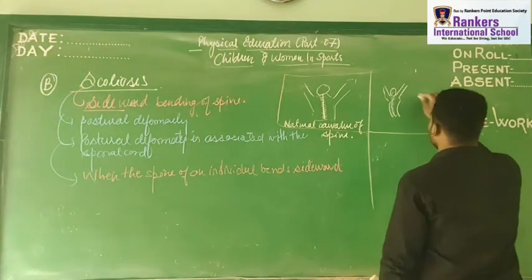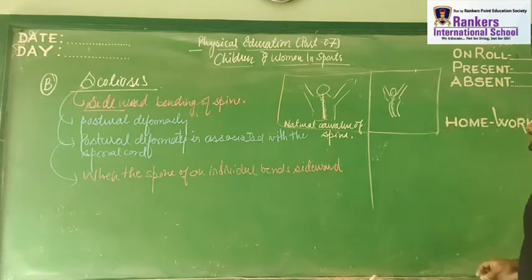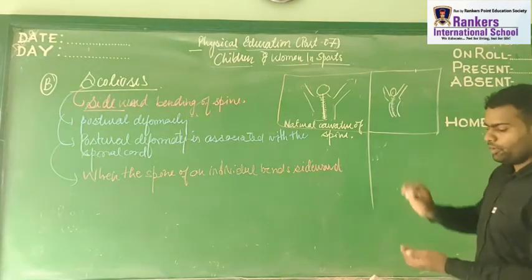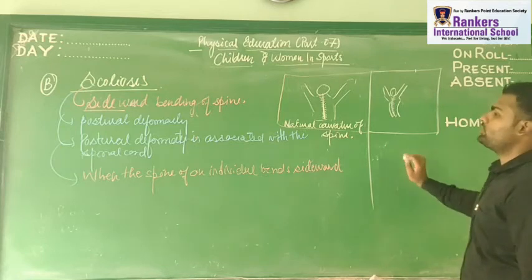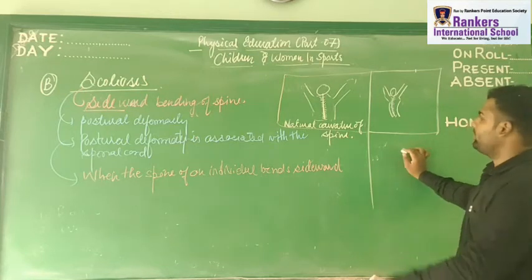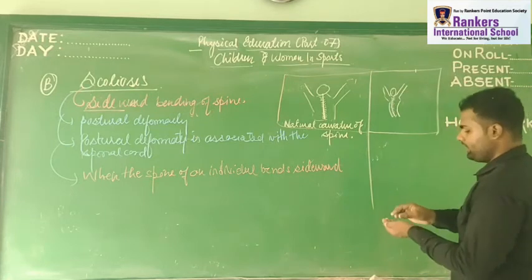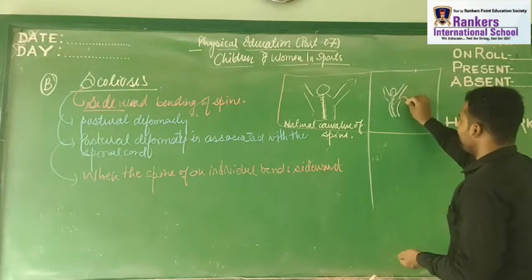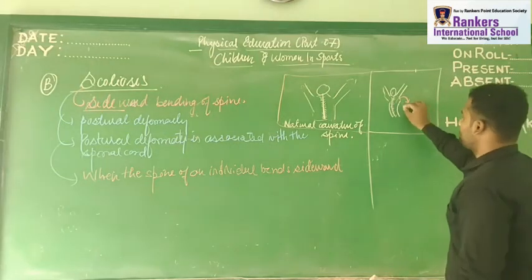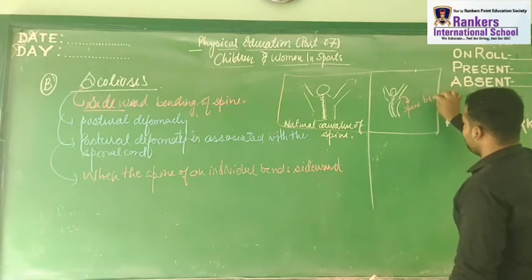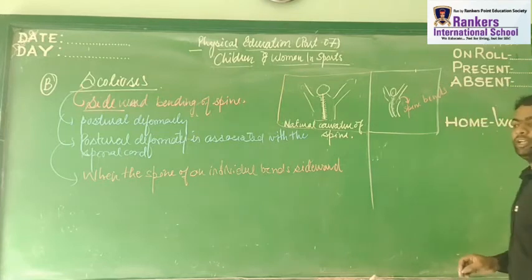This individual is suffering from a postural deformity called scoliosis. What is the name of this deformity? Scoliosis, or sideward bending. So as you can see, the spine is bent sideward. Postural deformity when the spine bends sideward.